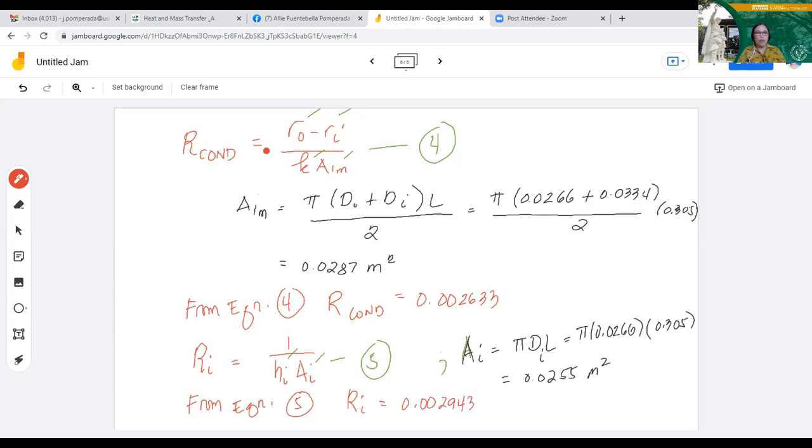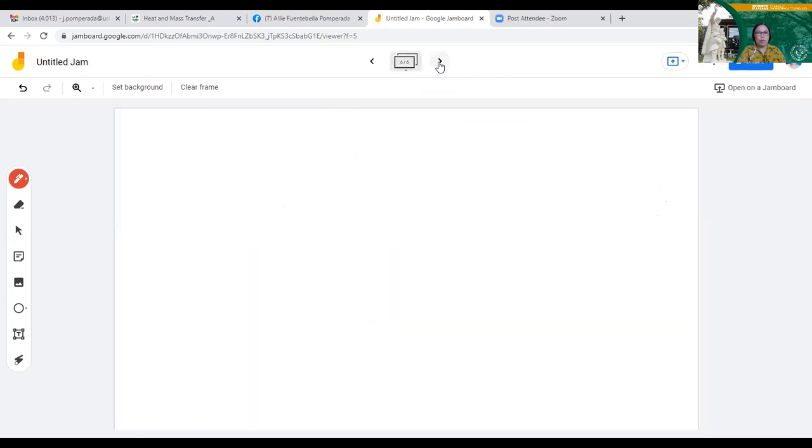Okay, so now we have the conductive resistance. We have the convective resistance on the inside part of the pipe. Now we can go to the R sub o. Your R sub o would still have the same formula as R sub i, but this time, of course, you will have h sub o, A sub o. Now, h sub o we know already, it's given. It's based on that of the steam on the outer side of the pipe.